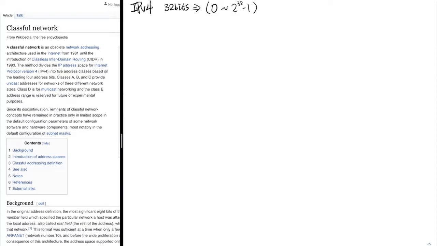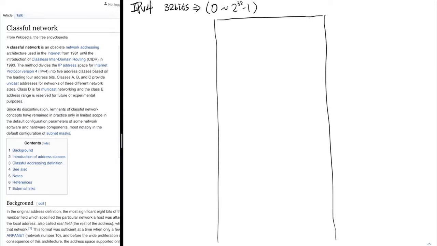So I would like to draw something like this. It is the entire IP address space. The very first one should be an IP address whose bits are all 0, right?